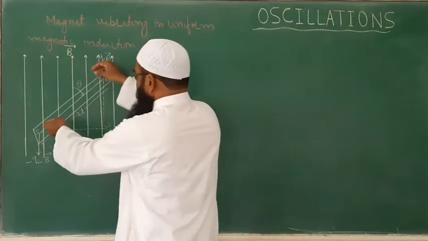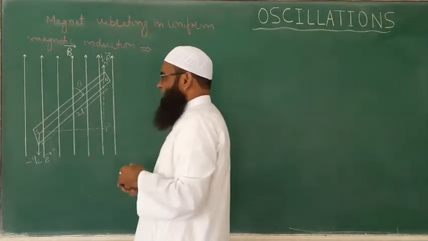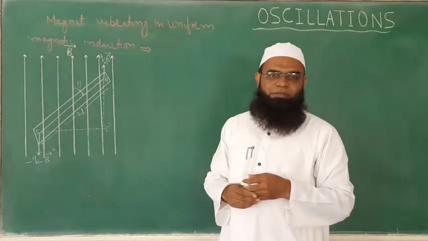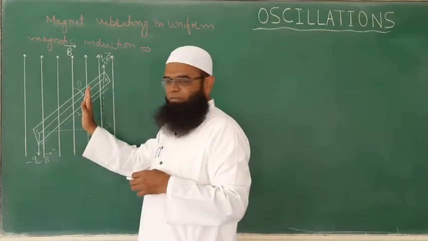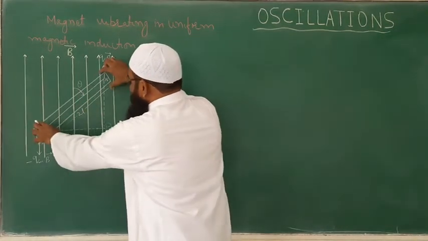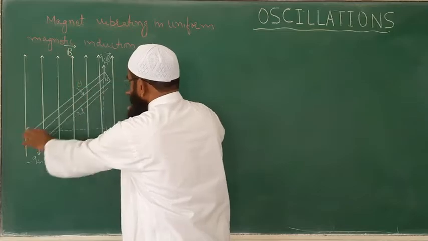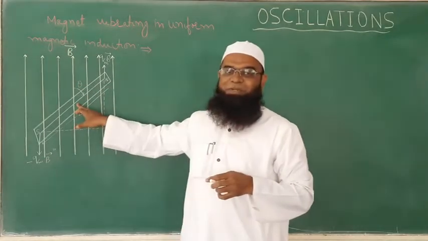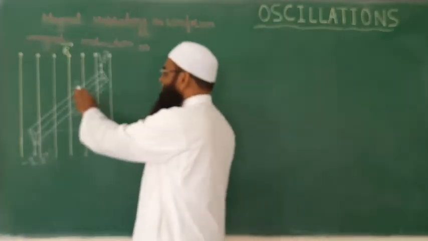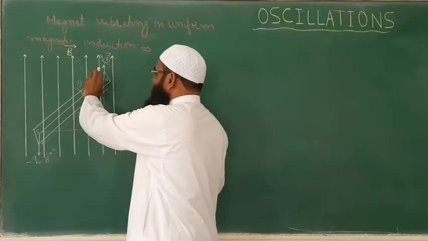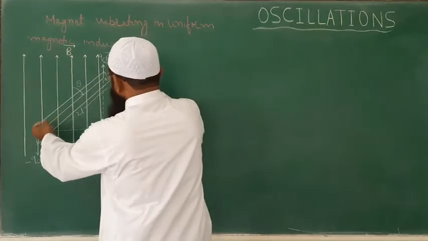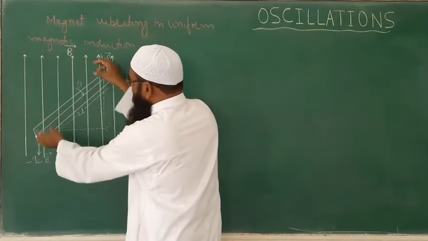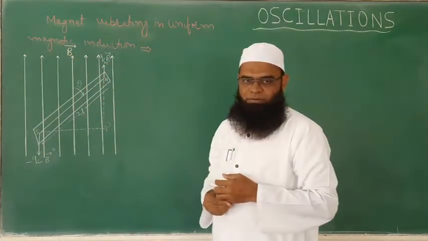When the magnet is displaced from its mean position, in the displaced position a restoring torque acts on the magnet, and this torque tries to bring the magnet back to its original position.